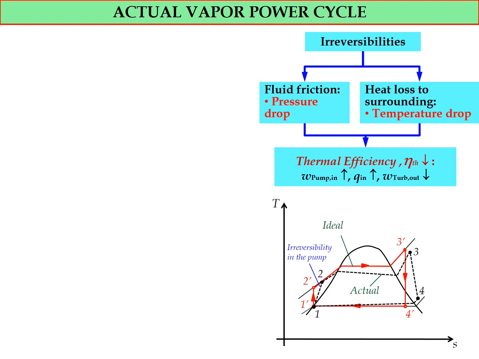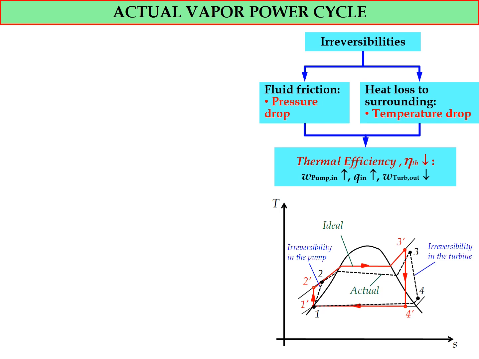So here, during the compression process in the pump, you can see that due to the irreversibility in the pump, the process of compression will be non-isentropic, as shown by the process from state number 1 to state number 2.